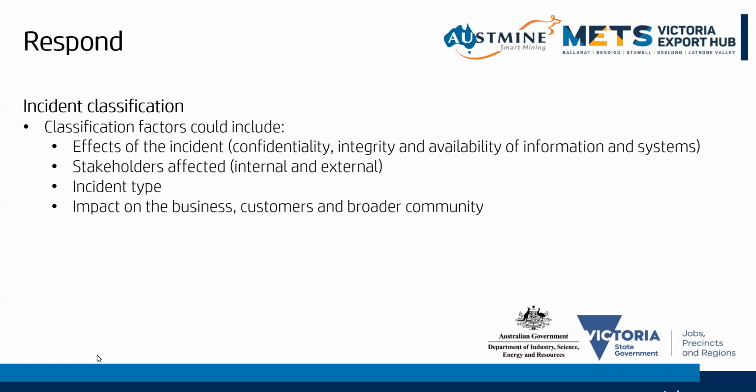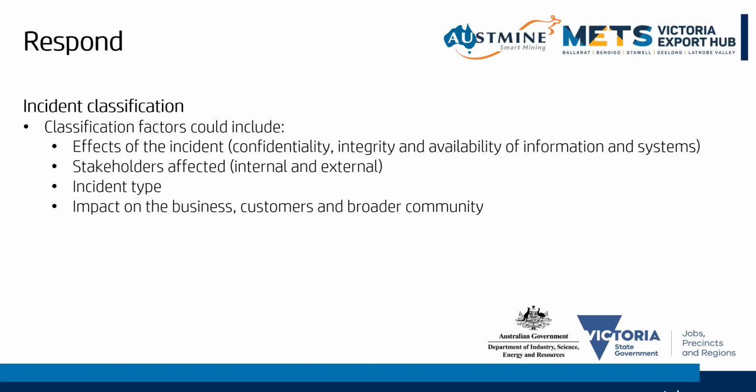You need to classify the incident, and that means you need to determine the severity of the incident. And this is going to be slightly different for each organization, and we're going to look at some of the things that you're going to measure in a moment. But essentially, you're going to be looking at the effects of the incident.